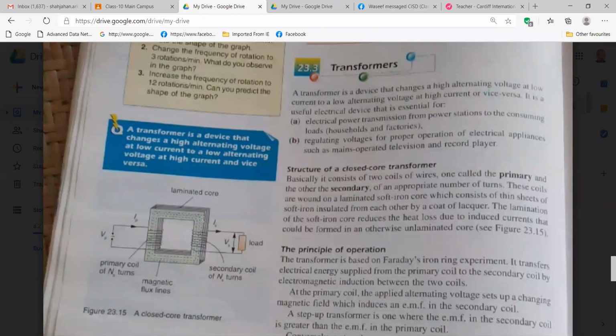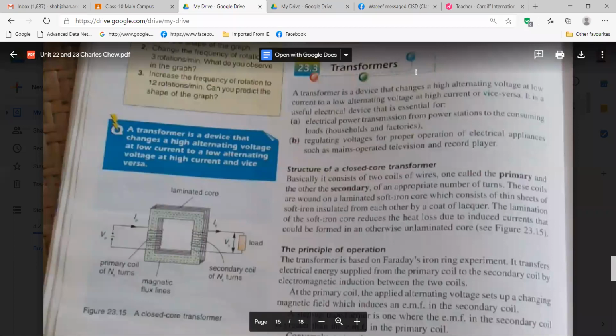You are understanding everything. So I want you to write the heading Transformers. Please write the heading Transformers. Then you draw this diagram. This diagram you have to draw. Please draw this diagram.